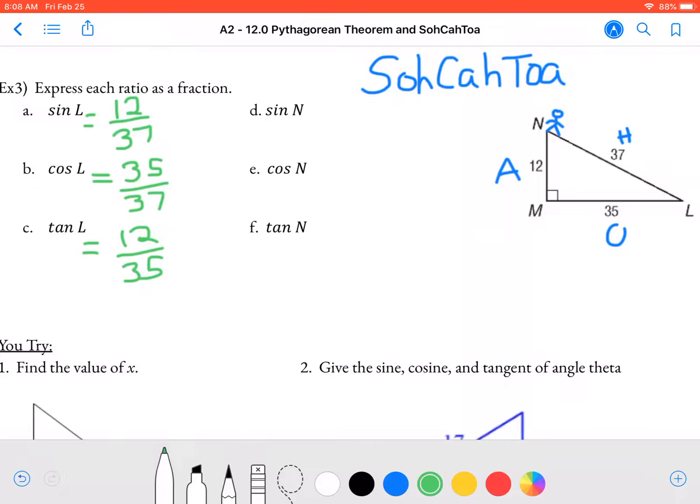So now, sine, opposite over hypotenuse, is 35 over 37. Cosine, adjacent over hypotenuse, is going to be the 12 over the 37. And the tangent, opposite over adjacent, is going to be 35 over 12.